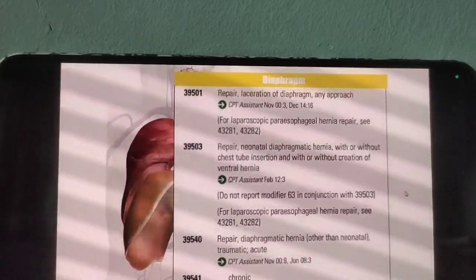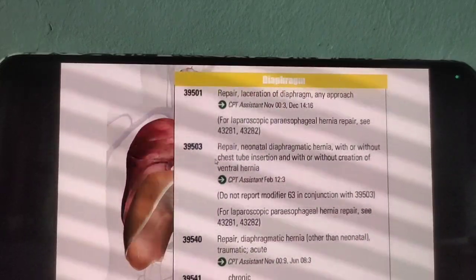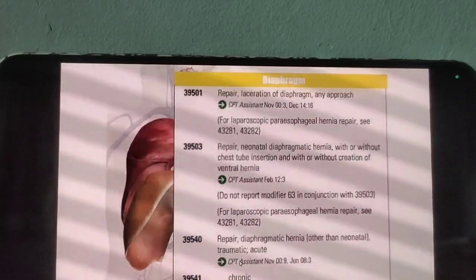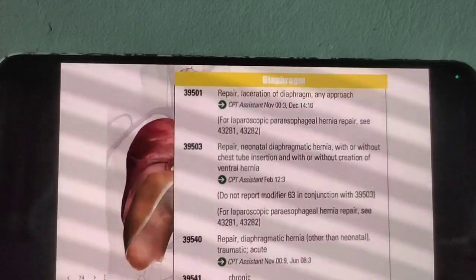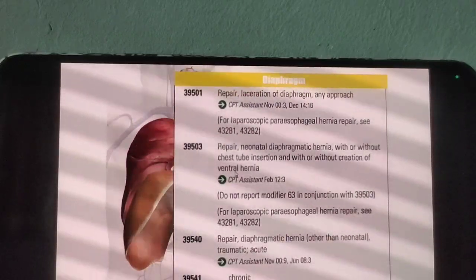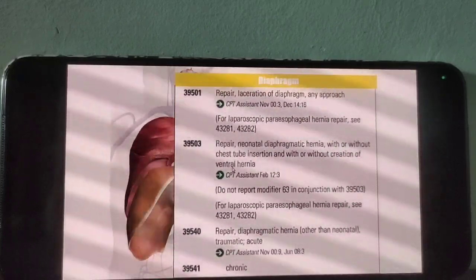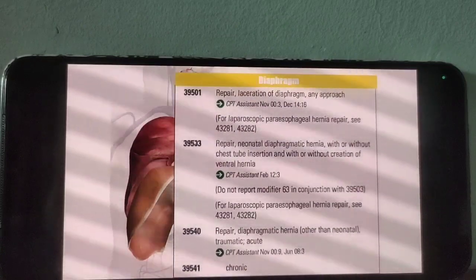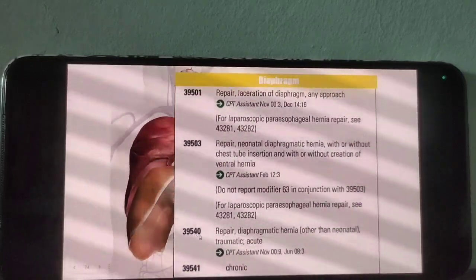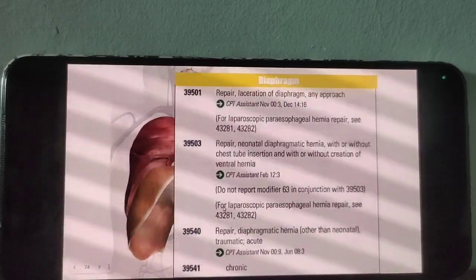So birth through following 28 days, only for those patients we can apply 503. From the 29th day or older, go for 540: acute 40, chronic 41.